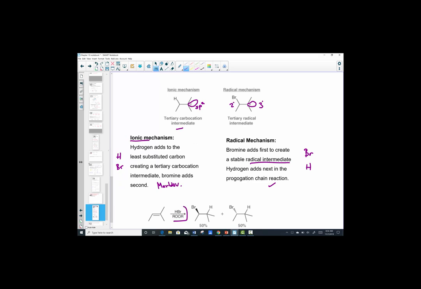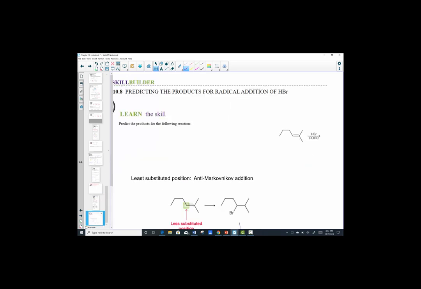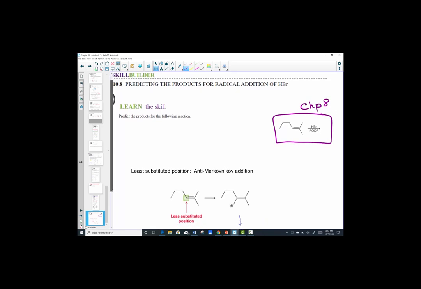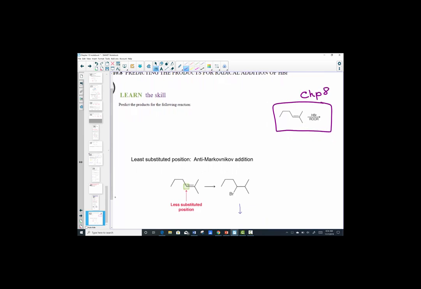So when I see HBr in the presence of peroxide, peroxide creates the radicals, and now we understand the mechanism to produce an anti-Markovnikov addition. And this again looks very similar to homework you worked from chapter 8. We're just building the understanding of how this reaction occurs now that we understand radical mechanisms. So we look for an anti-Markovnikov addition in the presence of peroxide.